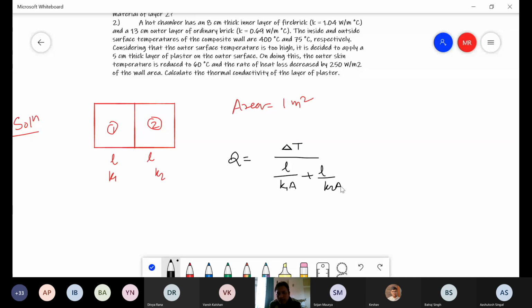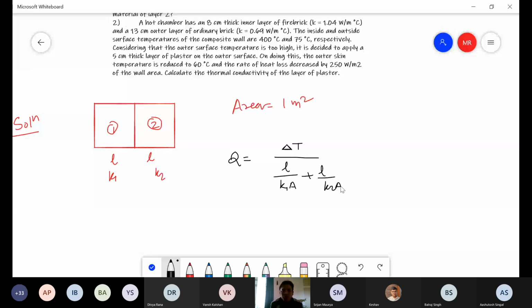Are you all with me? Hello, are you all able to follow? Yes, sir. Okay. Now what is being given is how much should be the layer 2 thickness in order to reduce the rate of heat transfer by 20%.